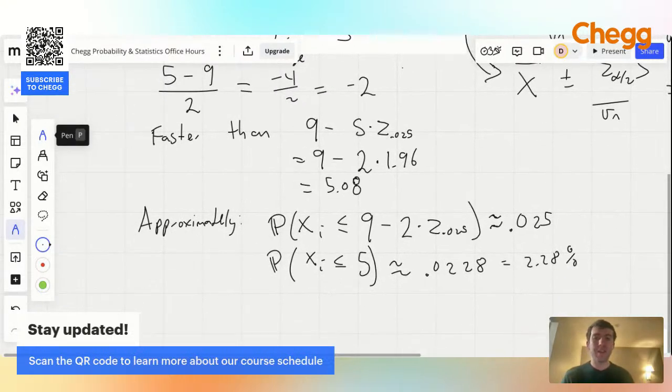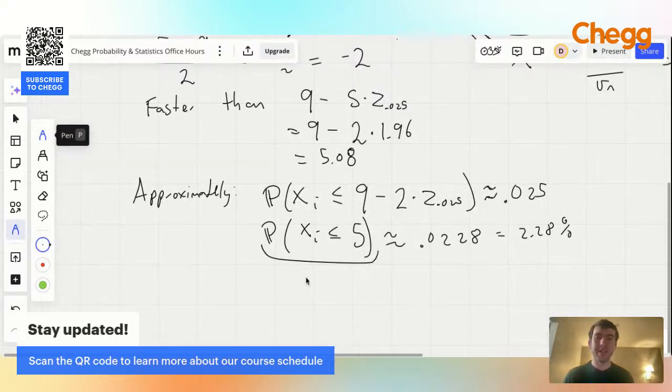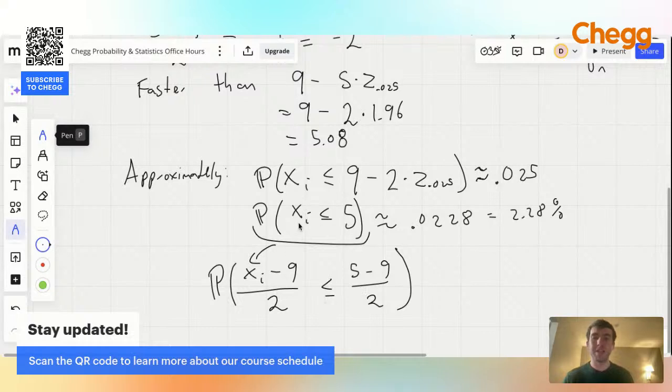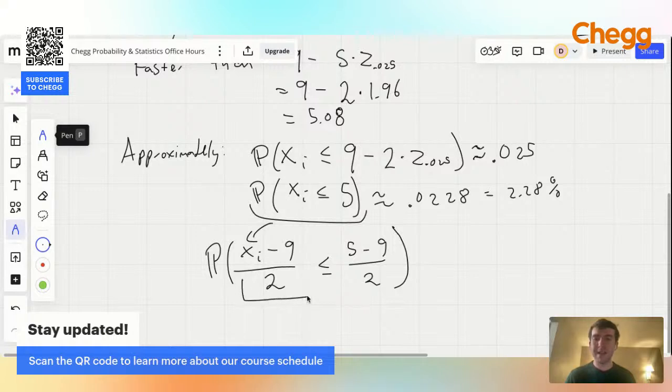The way that we get that is we take the probability that we want to estimate and turn everything into z-scores. So we take xi minus 9 divided by 2, less than or equal to 5 minus 9 divided by 2. We're doing the same thing to both sides inside this probability, and we use the fact that this is approximately standard normal.